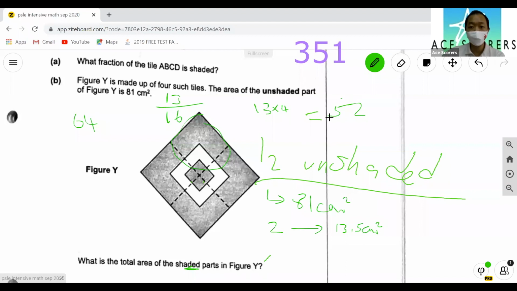So I want to find 52, so we take 13.5 times 26. So we get 351.